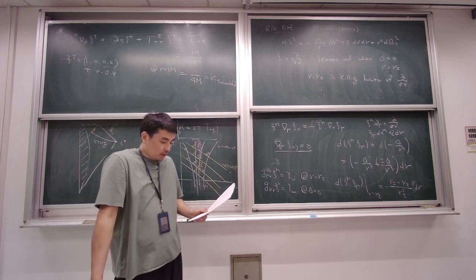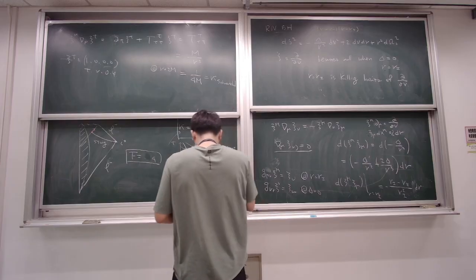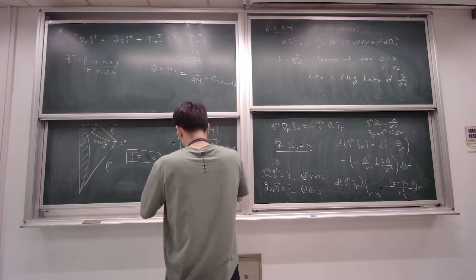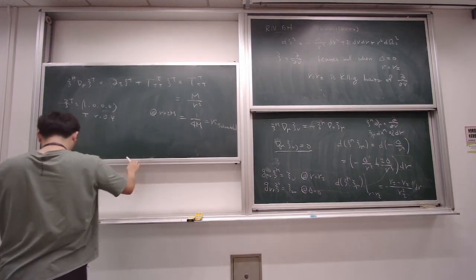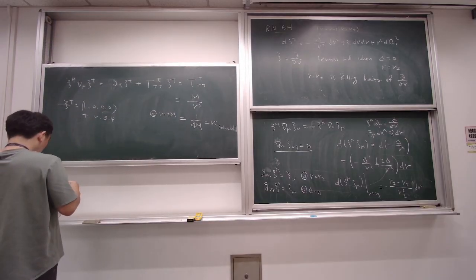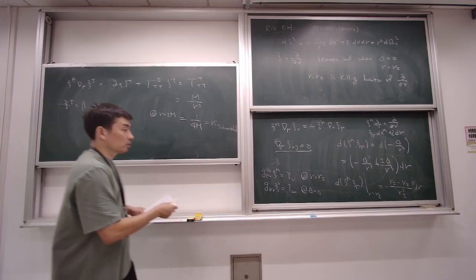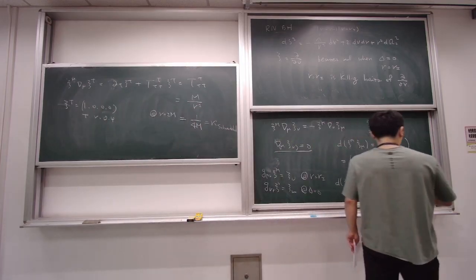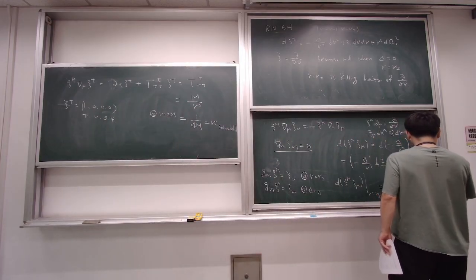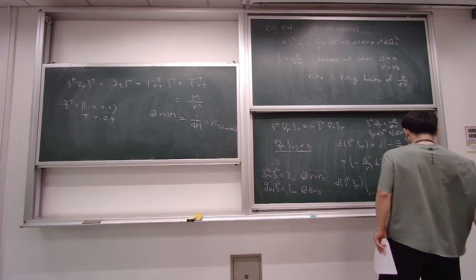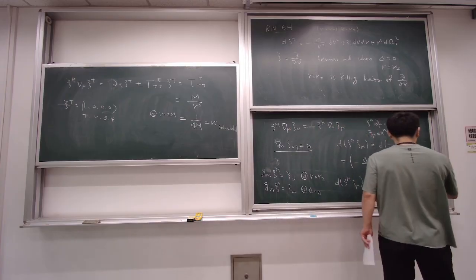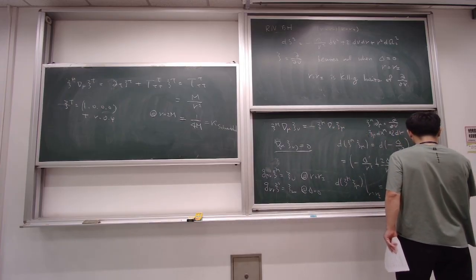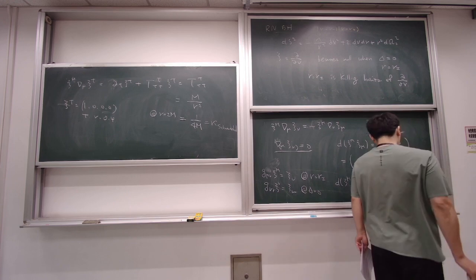I think I made a mistake in the normalization, but in any case, what we get is that this is equal to C mu over R, so mu over R... sorry, over R. It's 2.